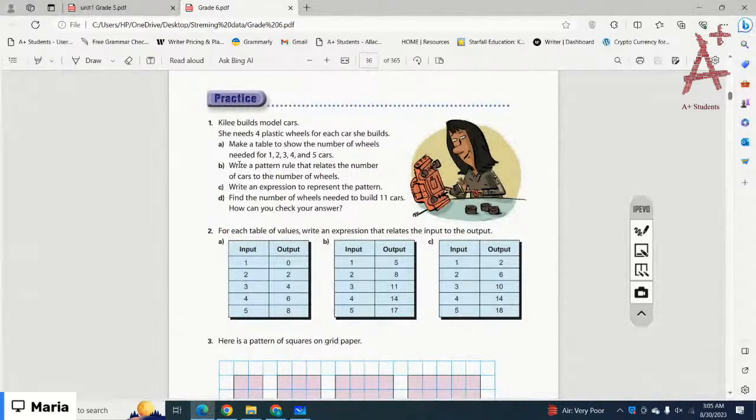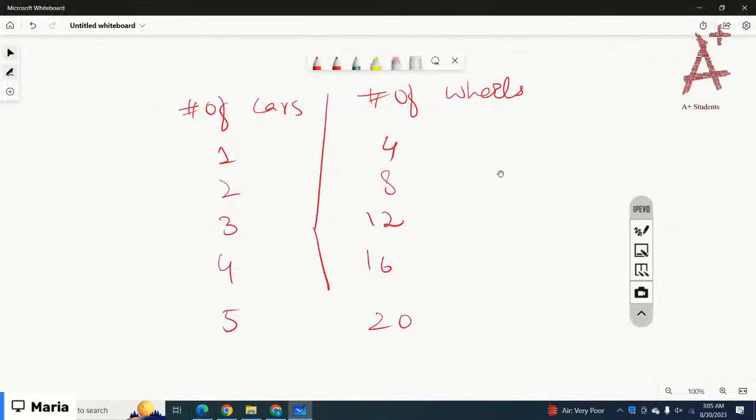Write a pattern rule that relates the number of cars to the number of wheels. You can see 1 times 4 makes 4, 2 times 4 makes 8, 3 times 4 makes 12, 4 times 4 makes 16, and 5 times 4 is 20.